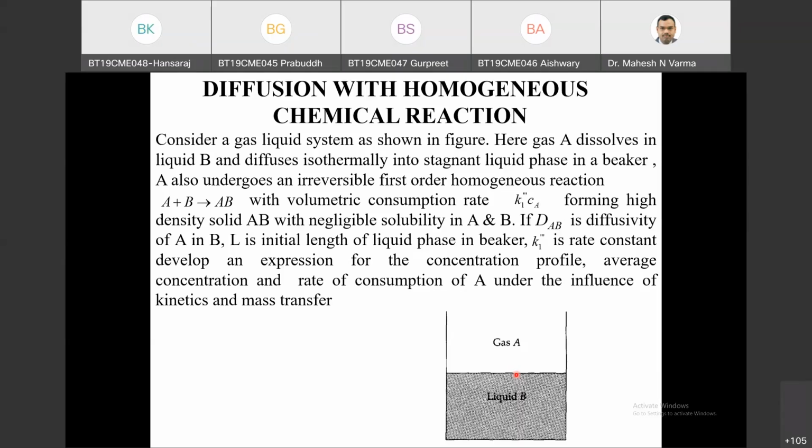Actually, you cannot get this Ca naught by P saturated divided by RT. This is the solubility of gas in liquid. That will be estimated by the solubility of A in liquid B. Solubility indicates the maximum possible concentration of A in B. So we'll assume that this first layer of liquid B is saturated with A.